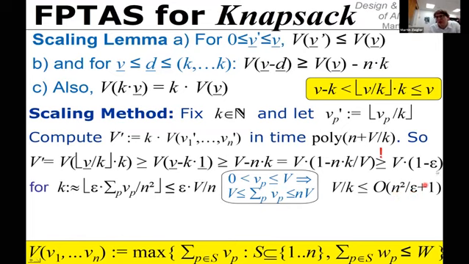And if epsilon is even smaller, if epsilon is 1 per mil, 1 over 1000, giving a better approximation ratio, then also the running time increases to 1000 times n squared.